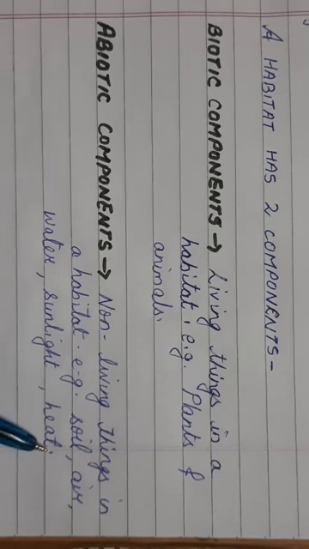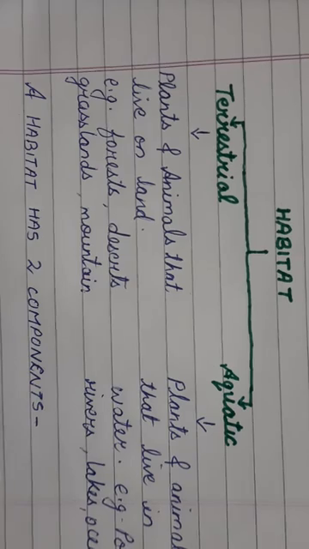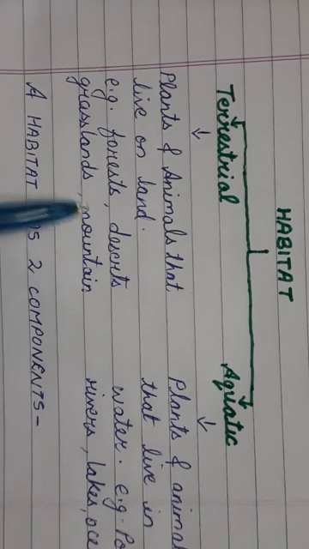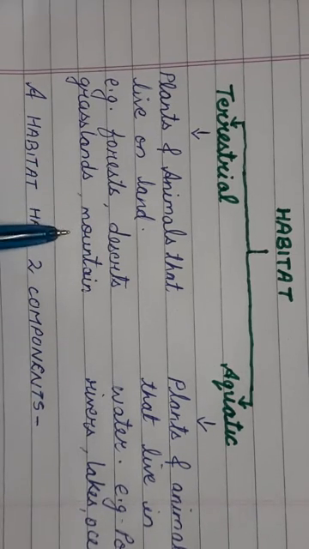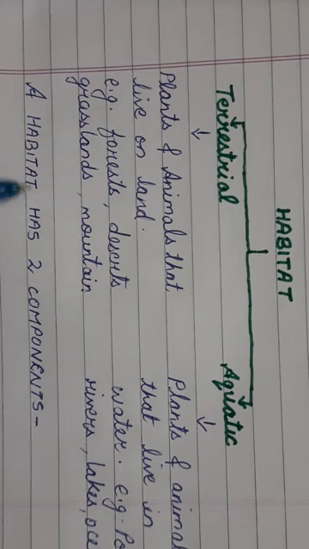I told you that the terrestrial habitat includes forests, deserts, grasslands and mountains. You can see that the organisms found in these different regions all have different climatic conditions.